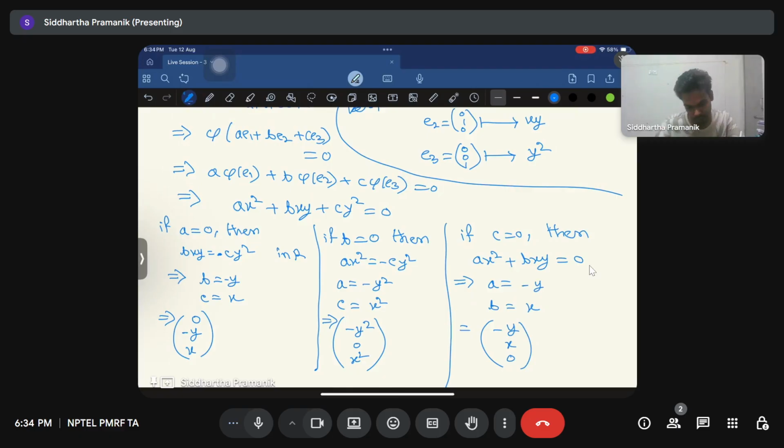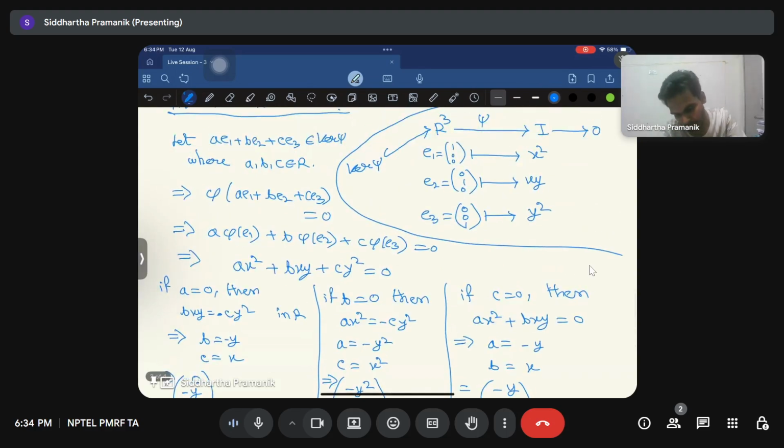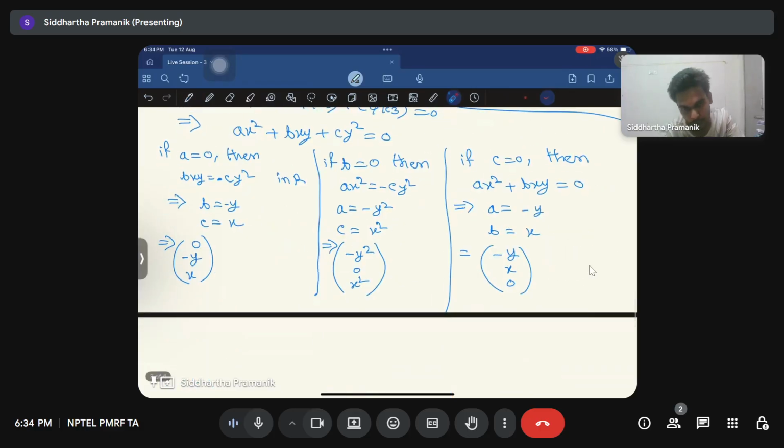So we have got three vectors in R3, but R3 is a free module of rank 3, so it cannot have more than 3 linearly independent elements. So we have got at most 3.